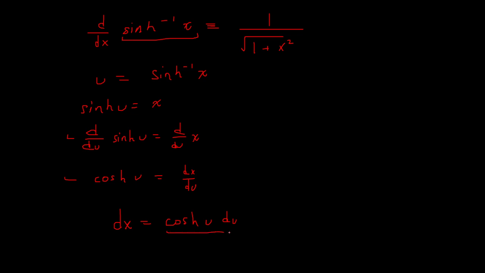Now let's replace this entire thing over here. We'd be getting d over cos u du times, now sine inverse of x is u, so we have u over here, because we did substitute that, and we're basically differentiating this.